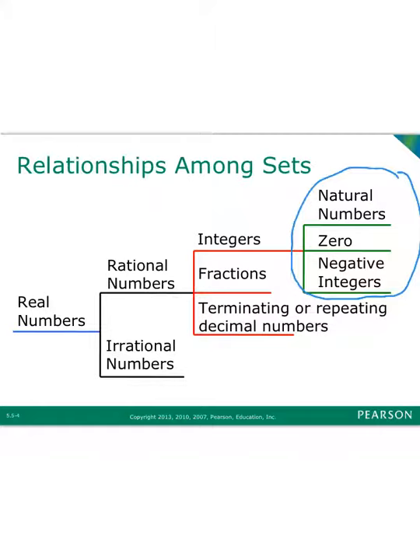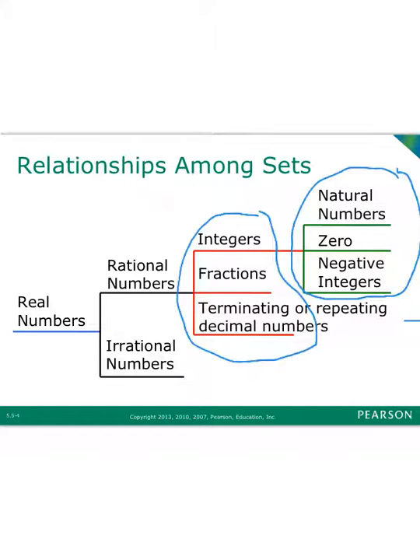Any number that is divided by another number is called a fraction. And if we put them in decimal form, we sometimes see them as terminating or repeating decimal numbers. All of these numbers are called rational numbers. So the rational numbers include integers and fractions.